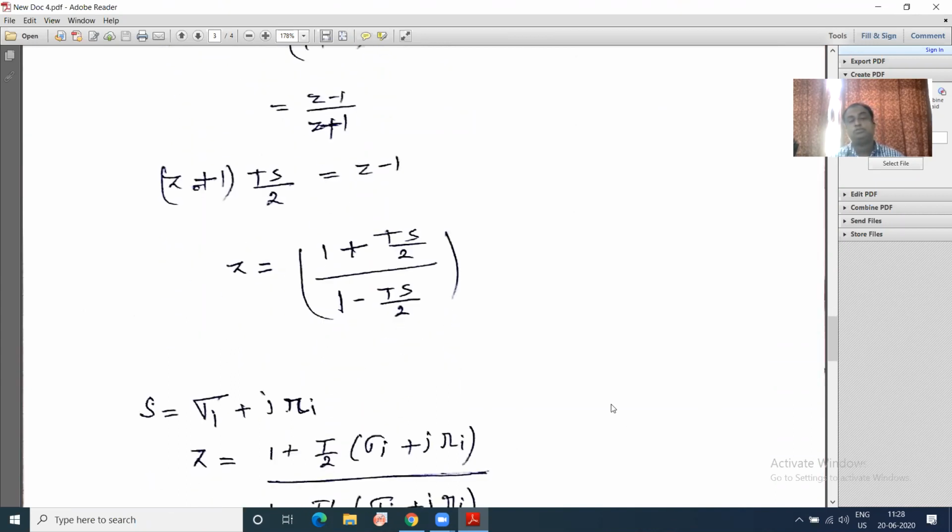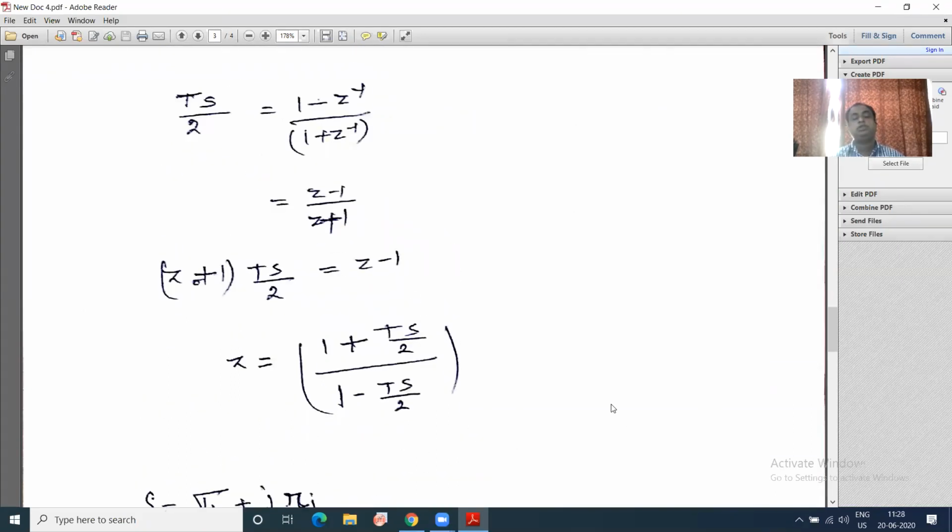Now, the next thing you have to understand is what will be the location of the poles. Last class, what we discussed is that for a stable system in the analog domain, or S domain, the poles have to lie in the left half plane. I repeat, for a stable system in analog domain, which means H(s), the poles are lying in the left half plane.